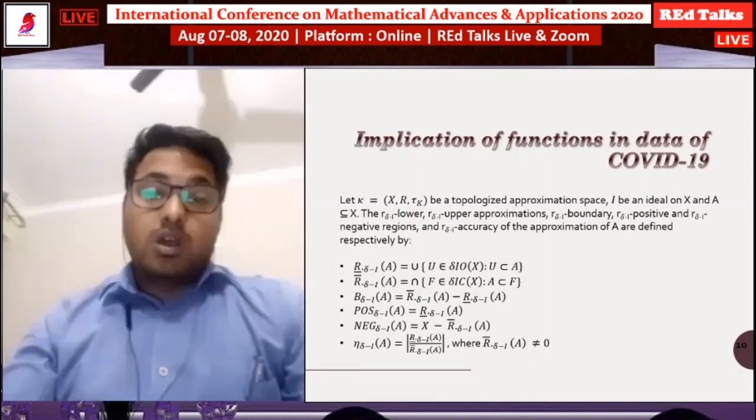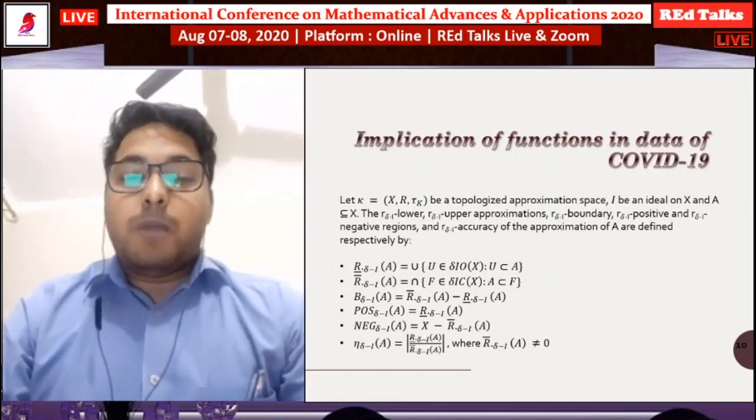So, how do we define the lower approximation?